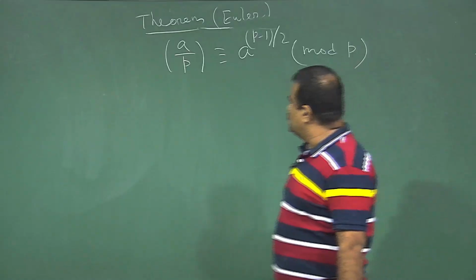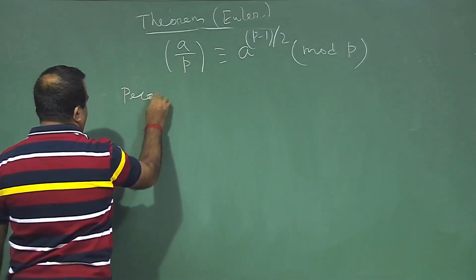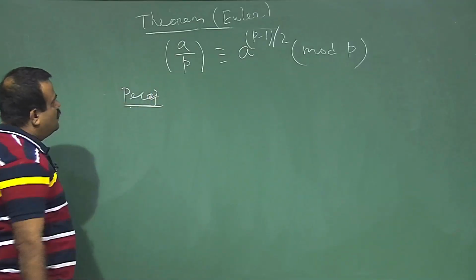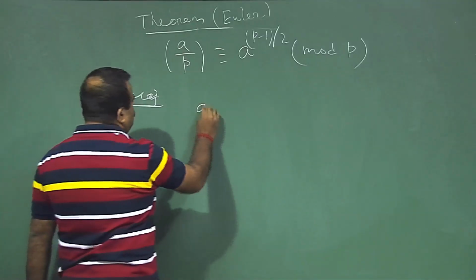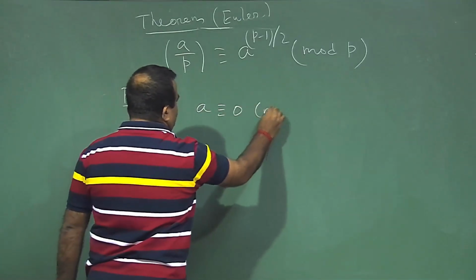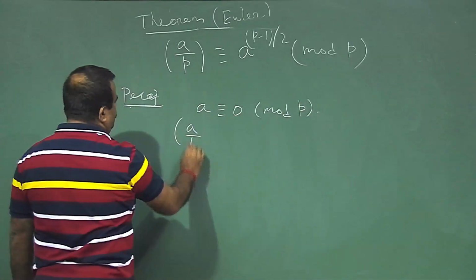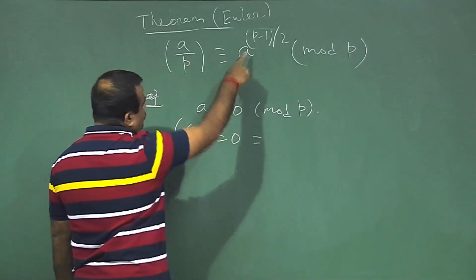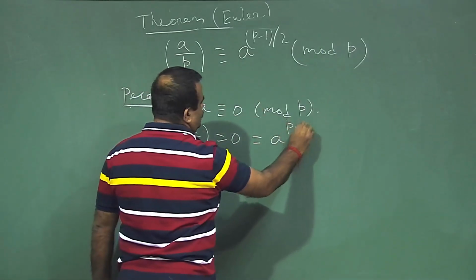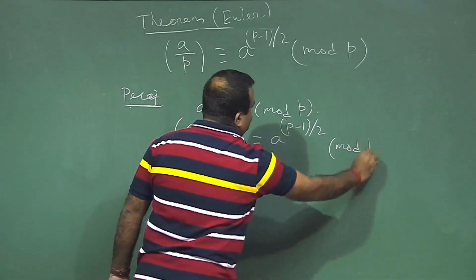Okay. So, now how to prove this theorem? To prove this theorem, if A is congruent to 0 mod P, that means A is a multiple of P, then we know A by P is 0, and it is also easy to show that in this case A to the power (P minus 1) by 2 mod P is also 0.